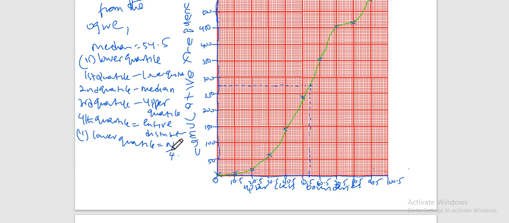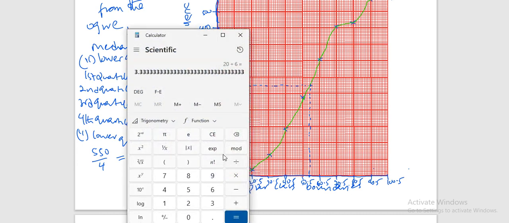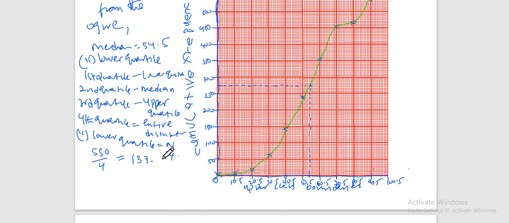So the lower quartile is 550 divided by 4, that's 137.5.